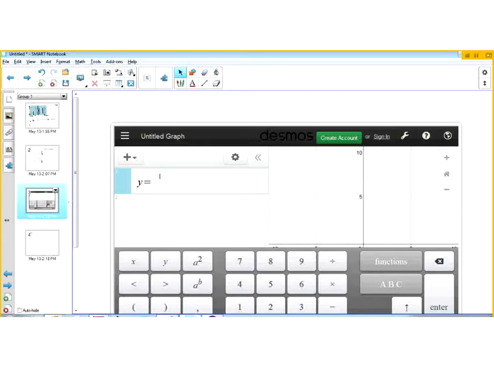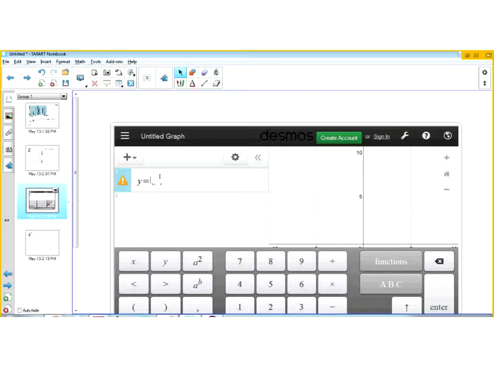So we have y is equal to, in this case I'll change t to x. This graphical editor isn't exactly the easiest thing to work with.